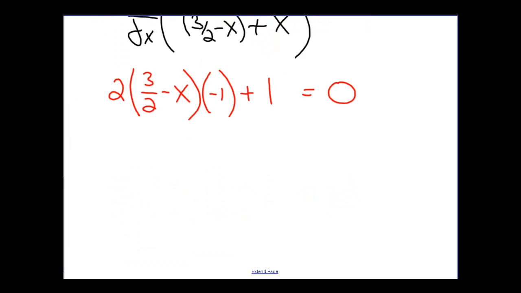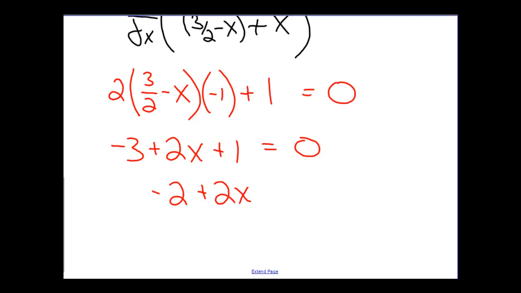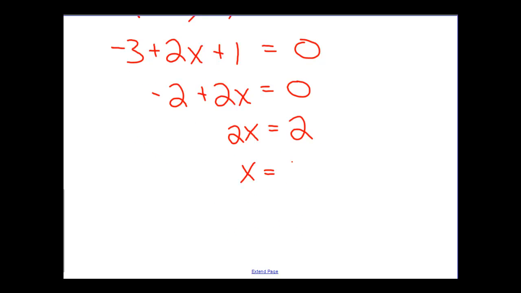So let's come through and solve this now. First, let me distribute the 2 and the minus 1. That's going to give me minus 3 plus 2x plus 1 is equal to 0, or minus 2 plus 2x is equal to 0. 2x must equal 2 then, and that tells me that x equals 1. Remember that I'm asked to find the point where this curve and the point are closest, so I must also find the y value.